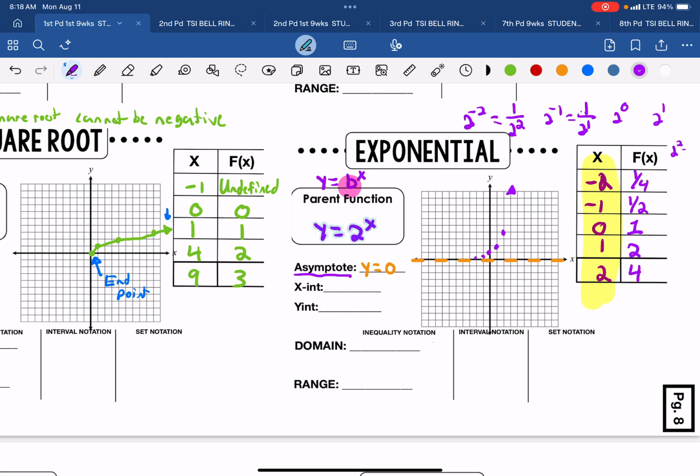Now, keep in mind, my line should be going through here, but it's not going to touch the asymptote. It looks like it's touching. It should not be touching. We're getting real close, but not touching. Remember, does not touch the asymptote.